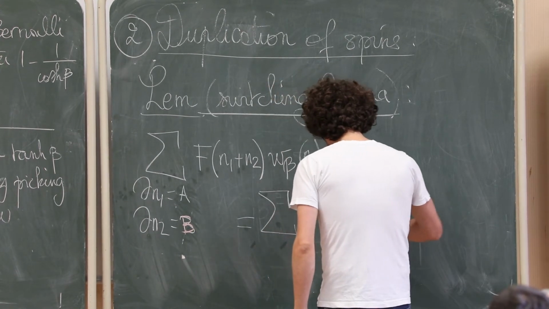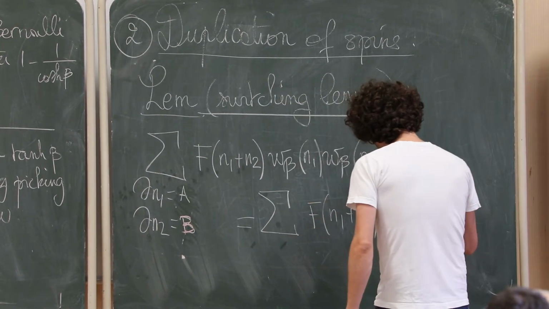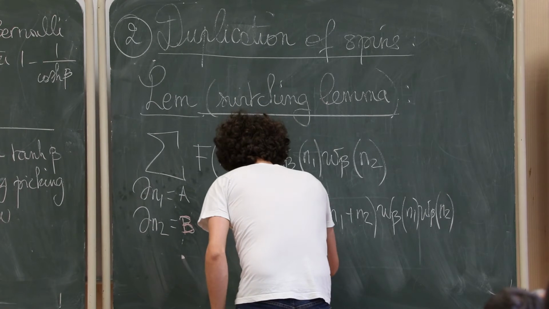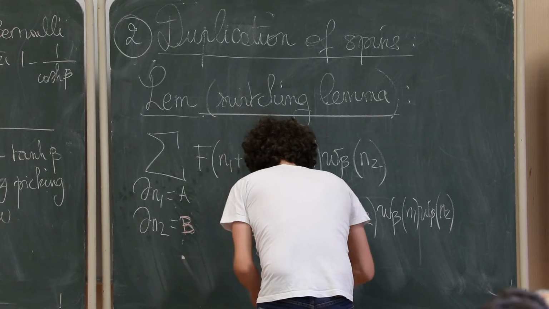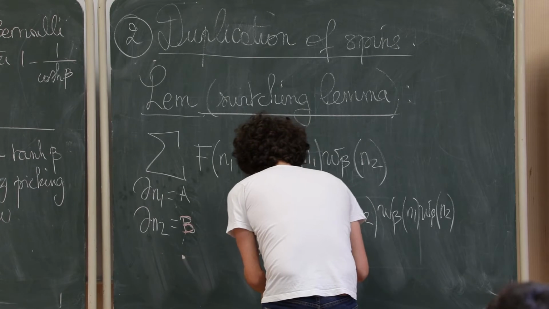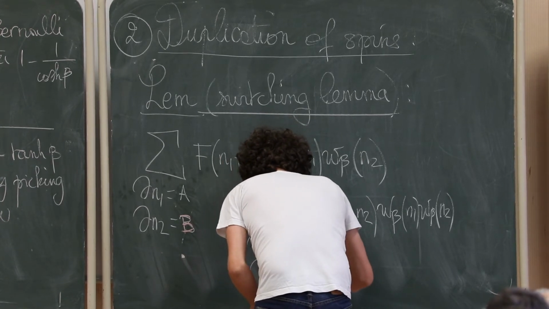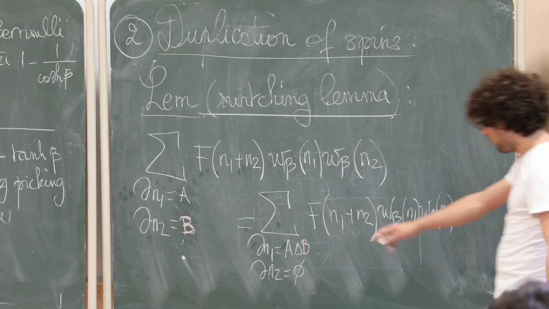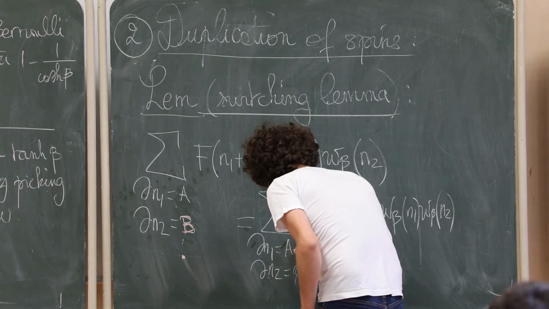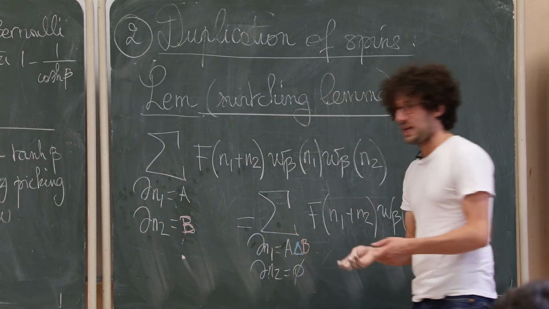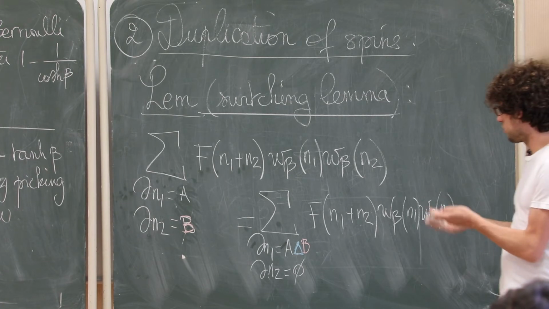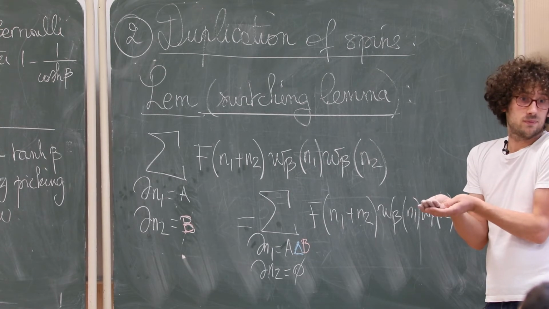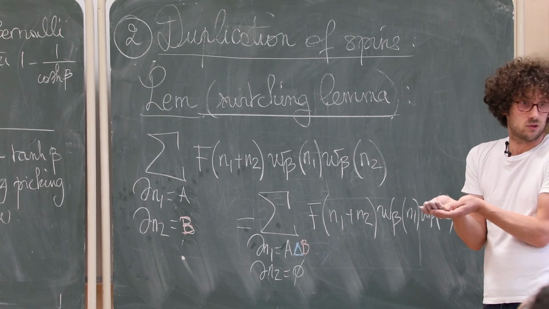So ideally, what I could hope is to be getting this. Maybe I'm just allowed to switch like that. Notice here I'm putting the symmetric difference because when you take the sum of two currents with sources A and B, the sources of the sum is a symmetric difference of the set of sources.